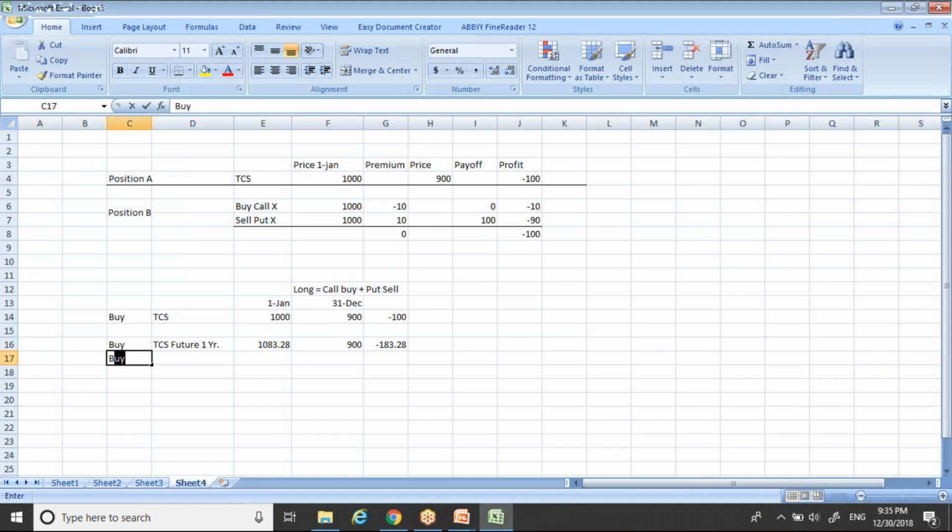So I'll buy a bond which gives me a return of, let's say, the same as whatever return I'm getting here with this futures. So what will happen is this will give me some returns. I'll buy a bond along with this. So the bond will give me almost 83.28 as interest.